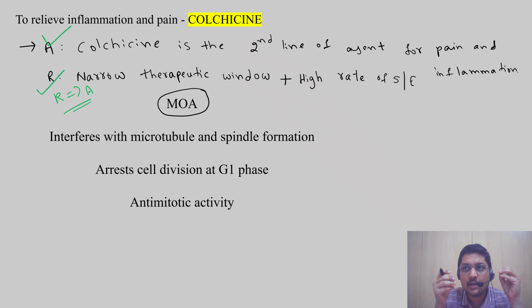So they target the high rate of cell divisions which occur in those particular cells. It binds with the microtubule and interferes with spindle formation, so that cells won't divide further and cell division is arrested, and this has anti-mitotic activity.